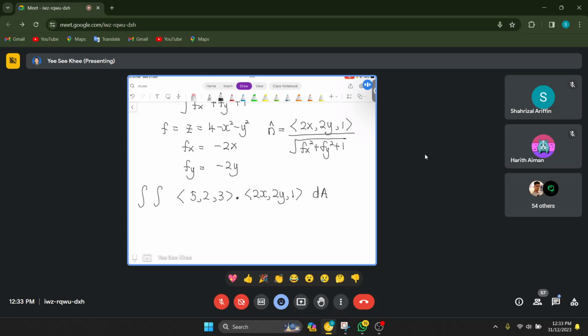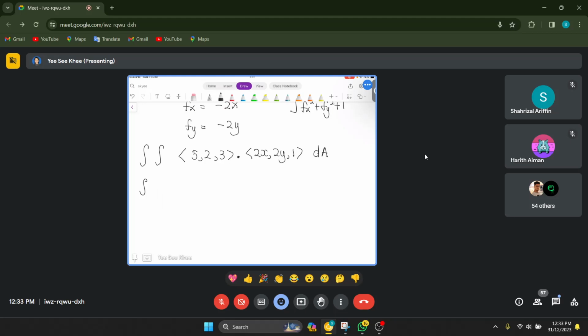Let's simplify it. It will be 10x plus 4y plus 3 dA, with no vector anymore because it will be a scalar.